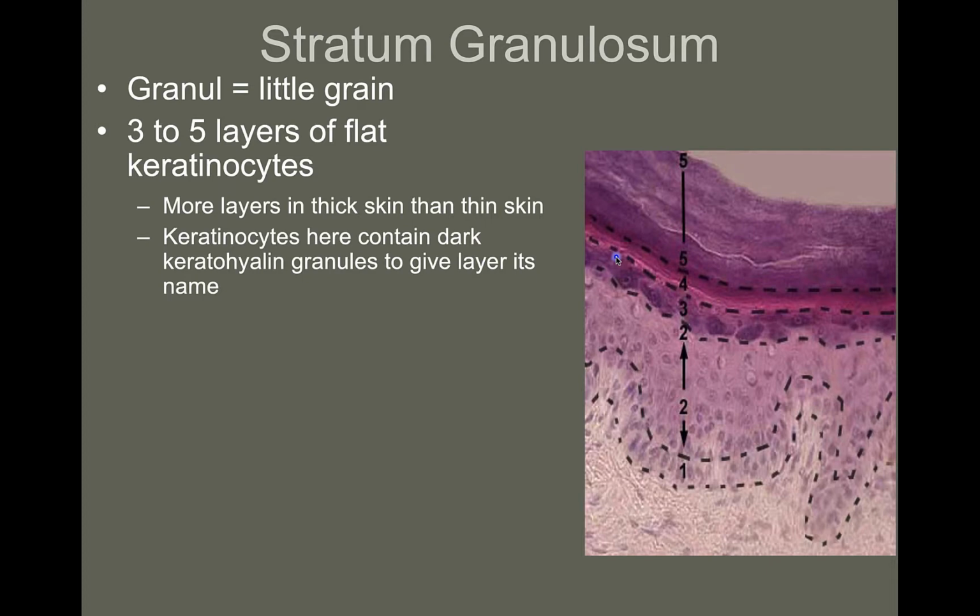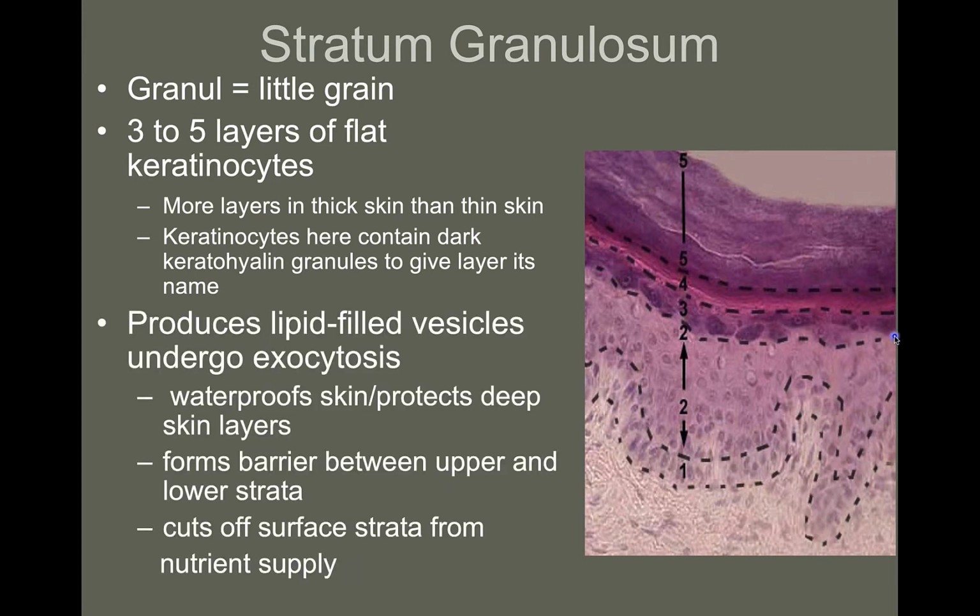In doing so, they are now cutting off diffusion, or the ability to receive nutrients and get rid of waste. So in effect, they're kind of committing suicide here. So as that happens, we're waterproofing our skin and we're protecting those deeper layers and those deeper strata.